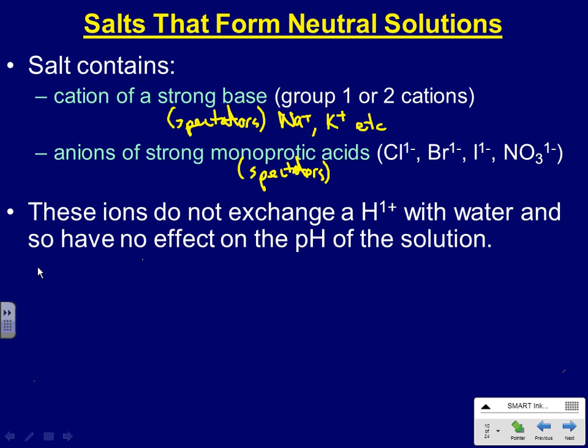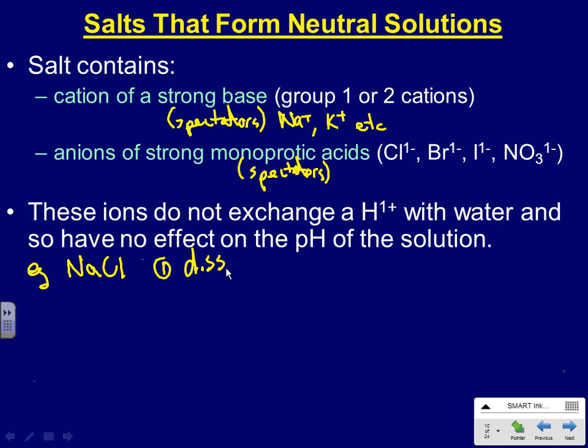So my example is going to be NaCl. Now, when you get a salt, if I ask you, could you tell me if it's going to be acidic, basic, or neutral? The first thing you have to do, number one, is do a dissociation reaction.